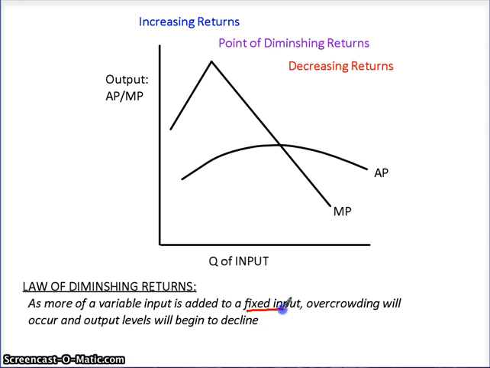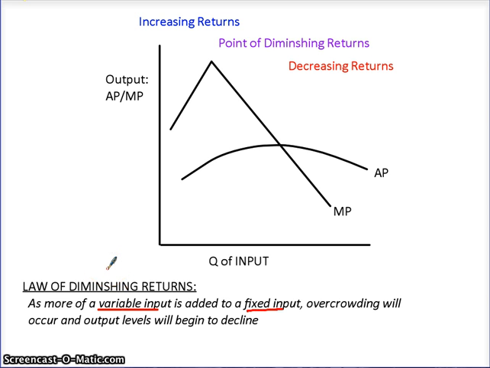A fixed input, think of a McDonald's kitchen, not very big, it's fixed, there's only so much space. When I hire my first few workers, I'm going to be able to produce more cheeseburgers in that kitchen as I hire more and more workers. The first worker that has to do all the cooking and sell it to the customer is not going to be really productive.